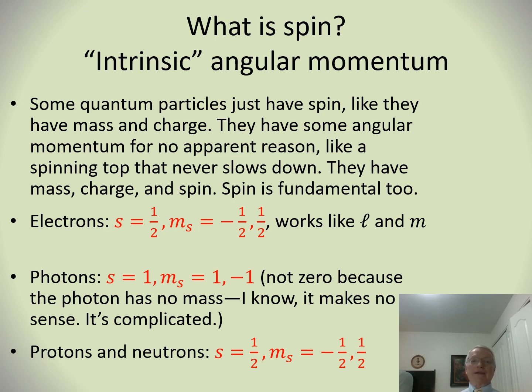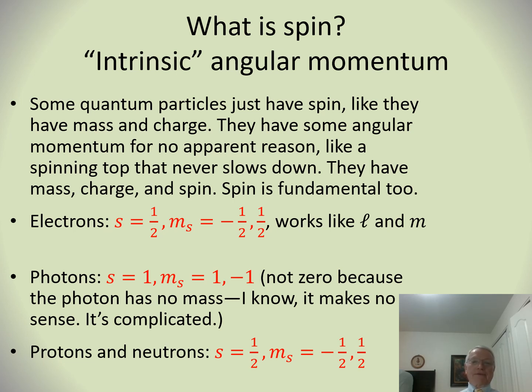And the spin of an electron is 1/2, meaning it has 1/2 h bar of intrinsic angular momentum. If you apply the M rule to S equals 1/2, you could have 1/2 and minus 1/2. You can't have 0 in the middle because you have to go up in steps of a full h bar. And so the only way to do that is to go from minus 1/2 to plus 1/2.